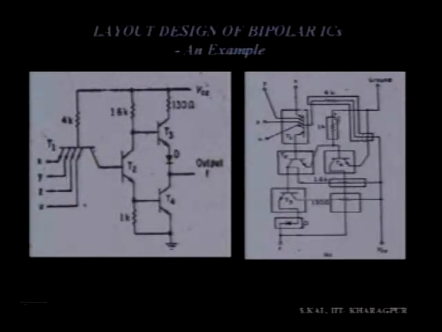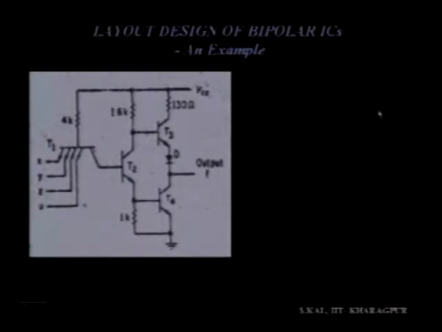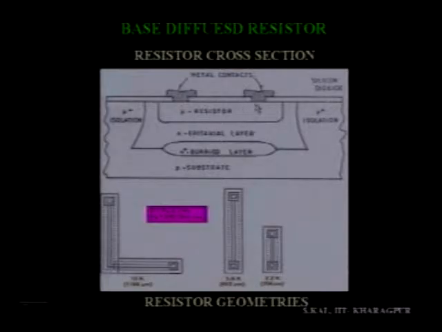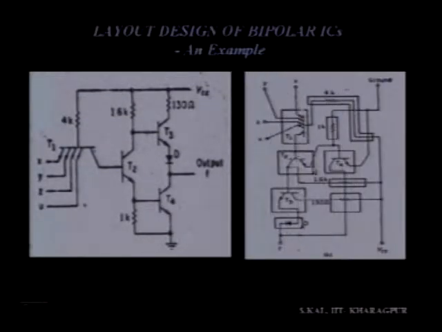On silicon dioxide the metal line can pass, there is no problem. Because in the earlier view graph you can see the resistance, the contact is from this point to this point, but in between this region is a dielectric, silicon dioxide. So another line can pass from this side to this side easily. That is shown here, you can see. So over this resistance a metal line passes here.